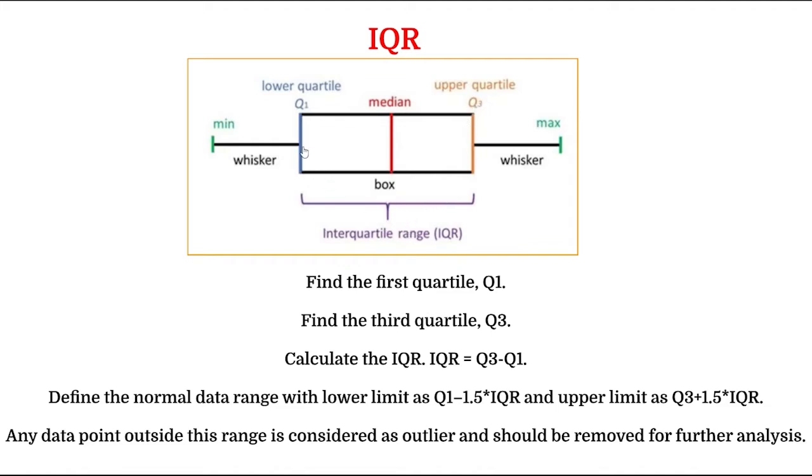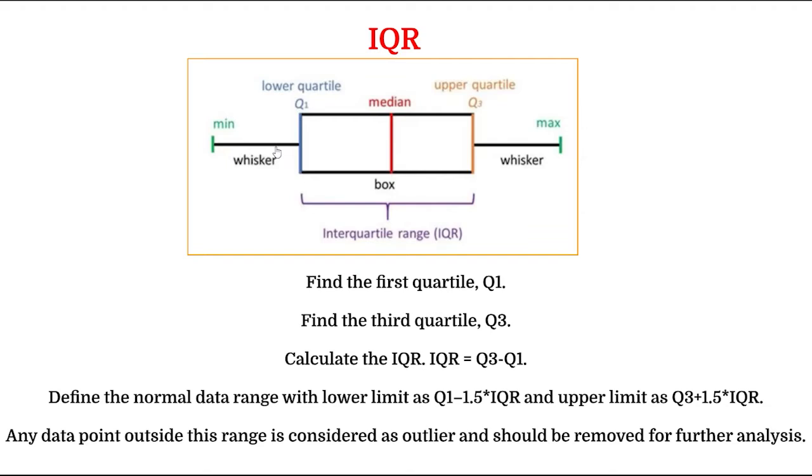The difference between Q3 and Q1 is called the interquartile range. We have the maximum value here, and the minimum value here. The region between the maximum value and Q3 is called the upper whisker, and the region between the minimum value and Q1 is called the lower whisker.